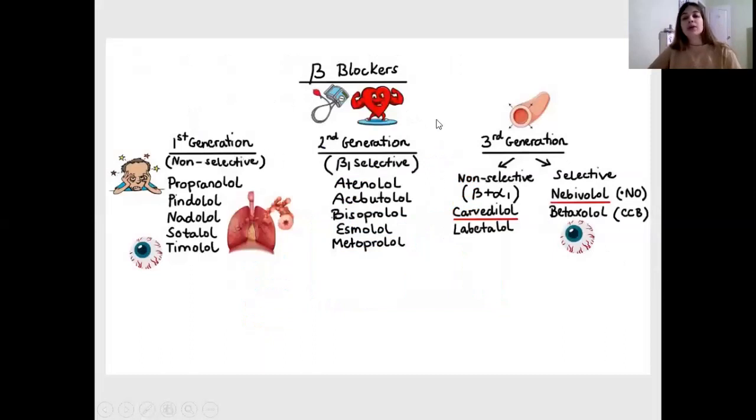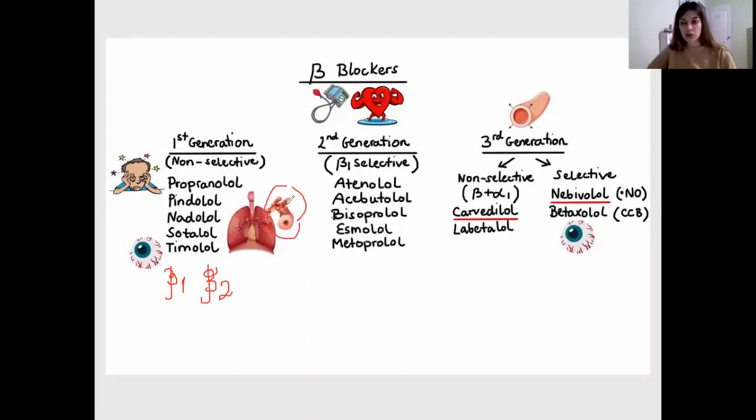The beta blockers are also divided into several generations. The first generation are non-selective, as I already said, they are blocking both beta 1 and beta 2 receptors. As you see, they can lead to bronchoconstriction.